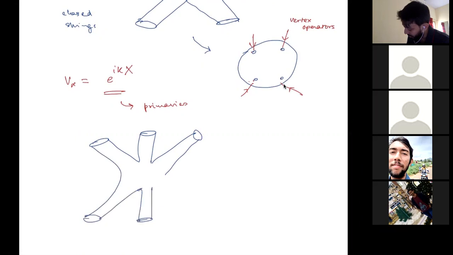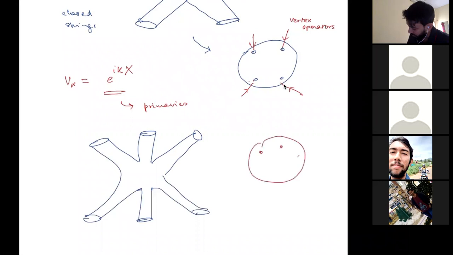Then the equivalent thing is going to look like a sphere, but with 6 marked points, and you insert these operators out here.